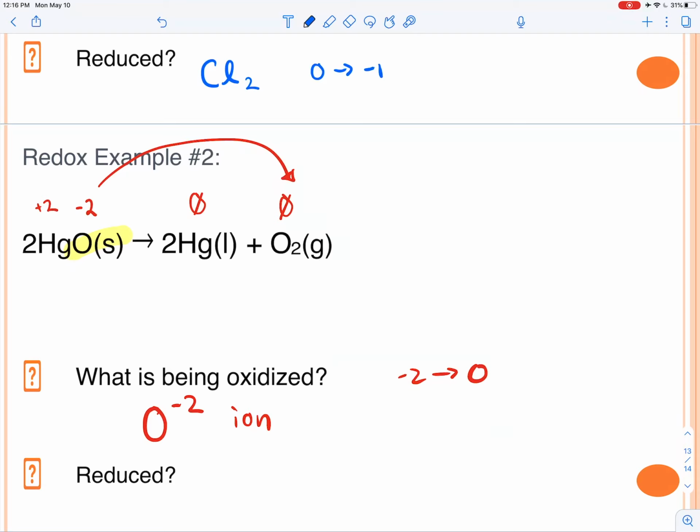On the other hand, we can see mercury going from +2 to 0. So this ion starts off as +2, then it becomes reduced to 0 when it becomes a pure element. And therefore Hg+2, include the ion charge, is being reduced.